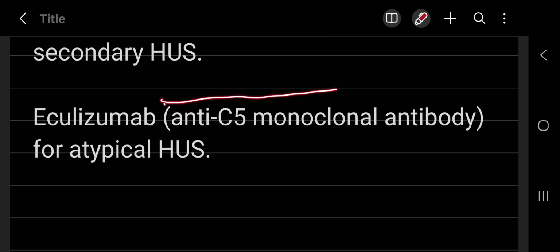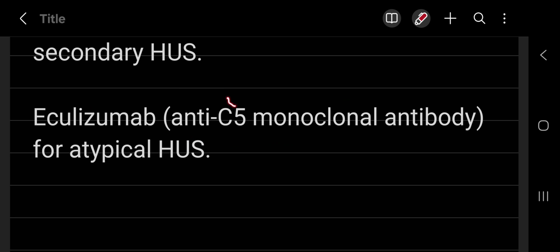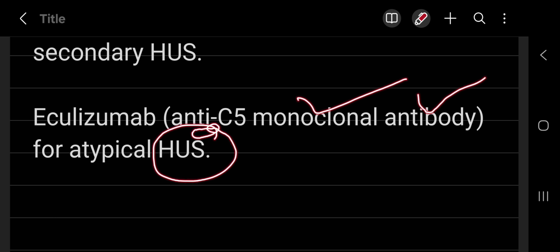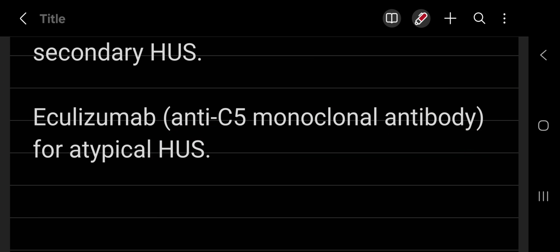Especially for complement mediated hemolytic uremic syndrome, you should give Eculizumab. Eculizumab is a C5 inhibitor, that is a component of complement, and when you give this anti-C5 monoclonal antibody for atypical HUS, you are actually treating complement mediated HUS. So this is all about hemolytic uremic syndrome.